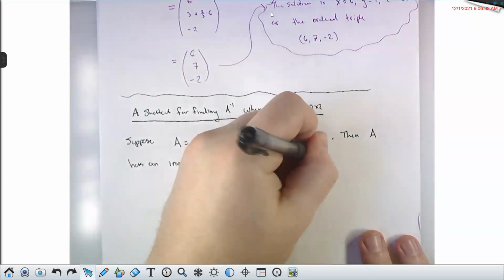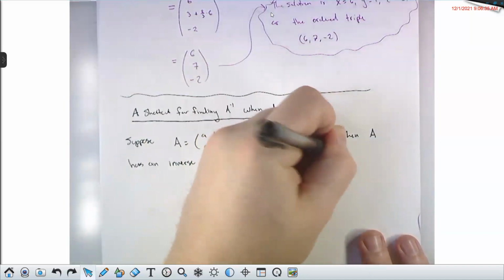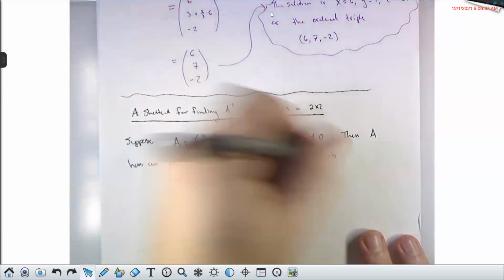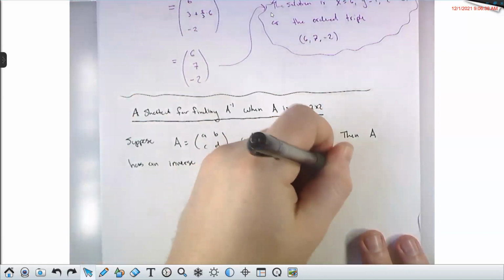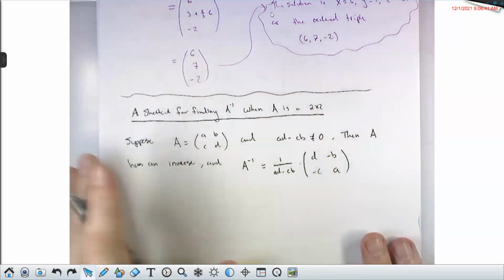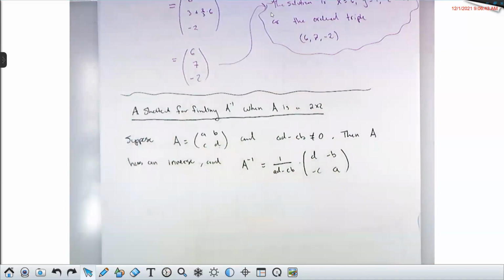So it'd be D, negative B, negative C, A. It's a nice sneaky trick. It's a quick way to find the inverse of a 2x2.